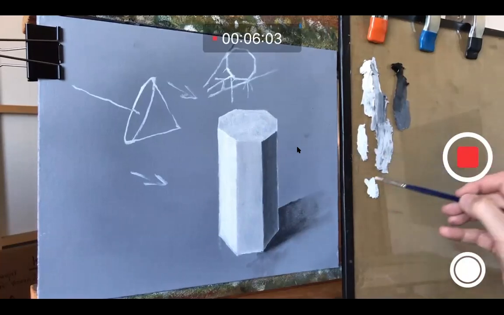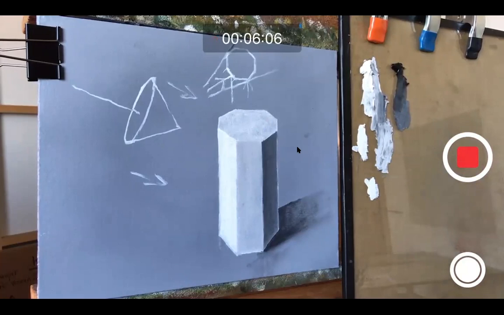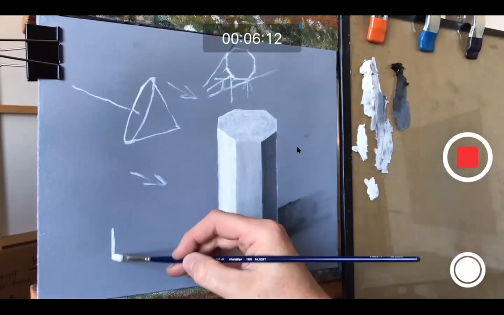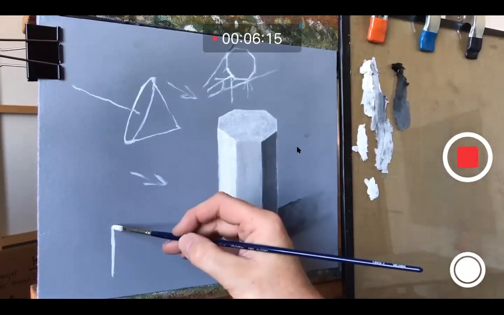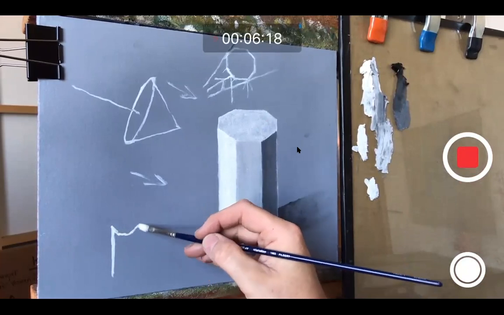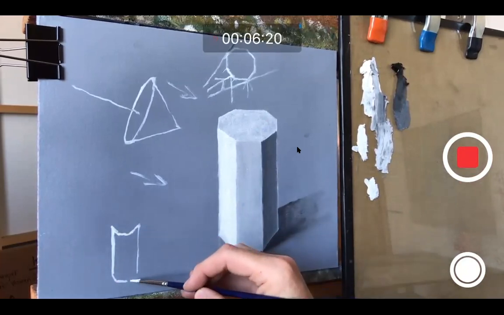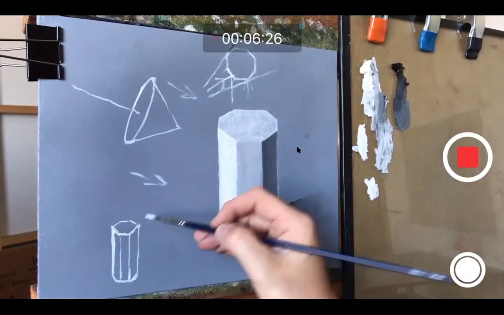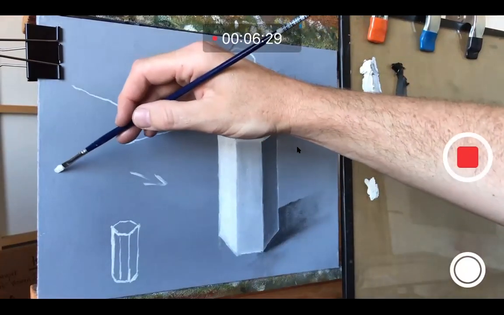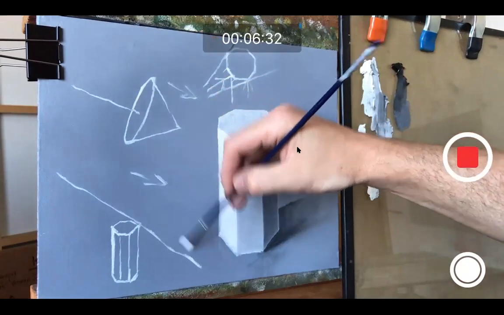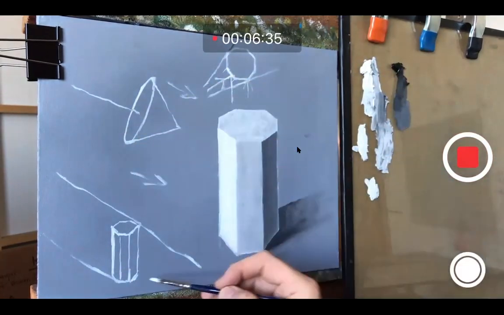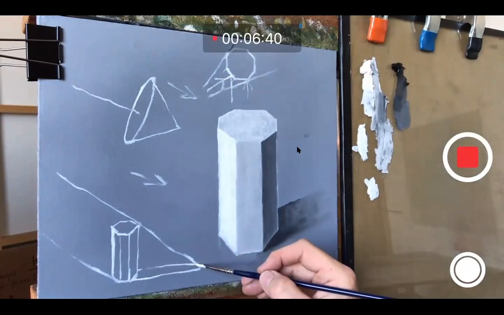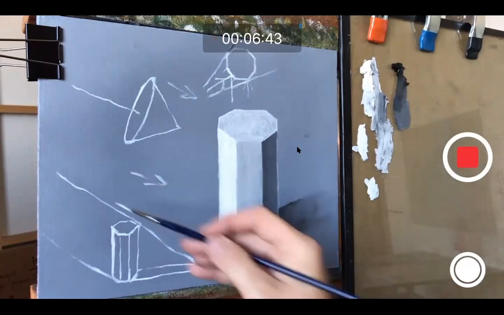The other way we can think of a cast shadow is, if we draw a small version of our object, the light is coming something like this. In theory, we would be able to mathematically figure out where the cast shadow is.